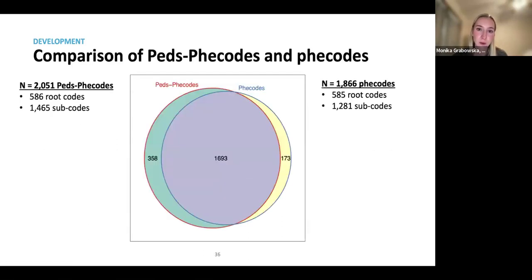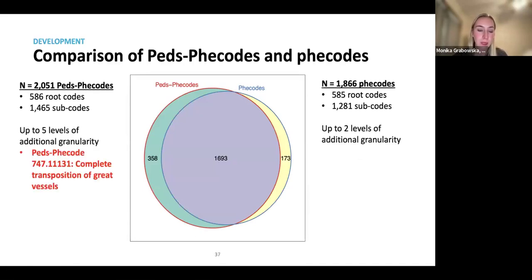Because the PEDS phecodes were developed from the existing phecodes, there is still a substantial amount of overlap between the two. You can see there are still 1,693 shared codes between the PEDS phecodes and the phecodes.